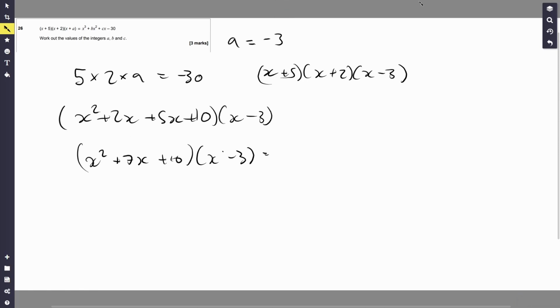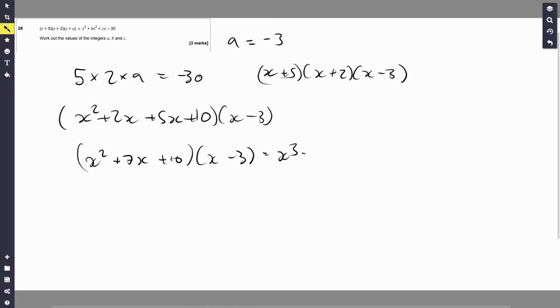Now we're going to do the exact same thing, but this time we're going to times this value by both of these, this value by both of these, and then also this value by both of these. And that'll get us to what this final answer is. So let's do that now. So x squared times x is x cubed.